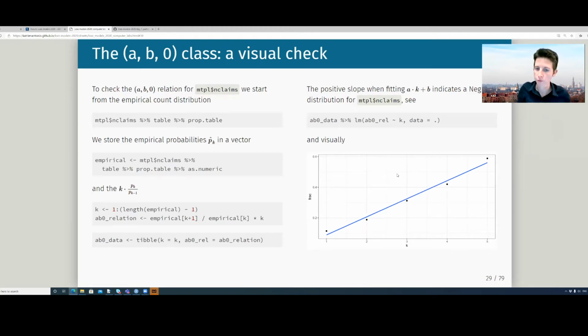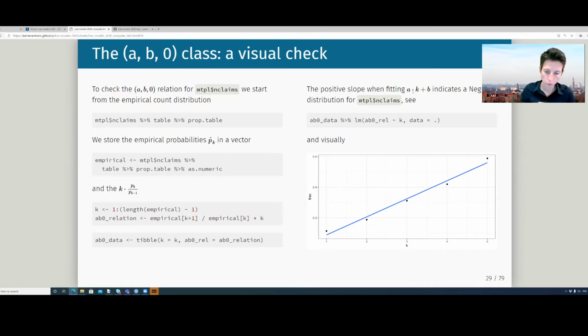Of course, this is just one way of implementing it, but I'm going to calculate the empirical probabilities, and I'm going to calculate the expression k times p_k divided by p_{k-1}. Then I'm going to fit a linear model to it, where I use k as the covariate, and where I will be interested in getting the intercept b and the slope parameter a, and seeing what the sign of this fitted slope a will be like. That's what this code is doing.